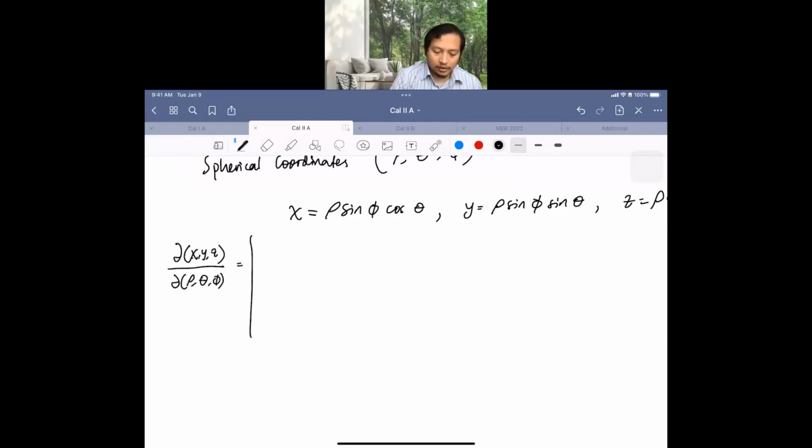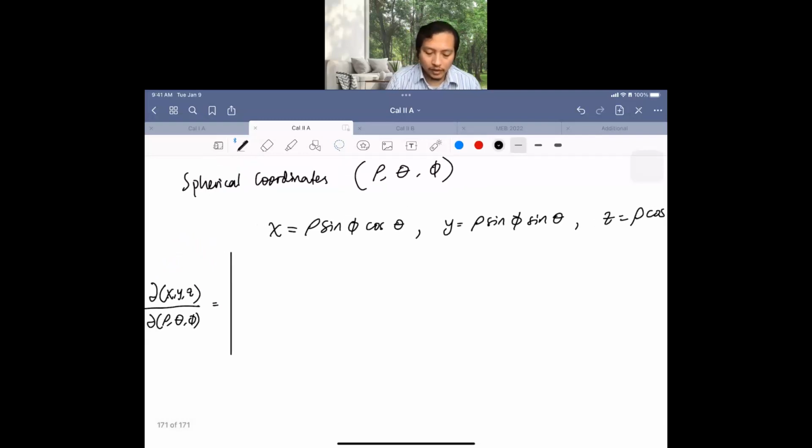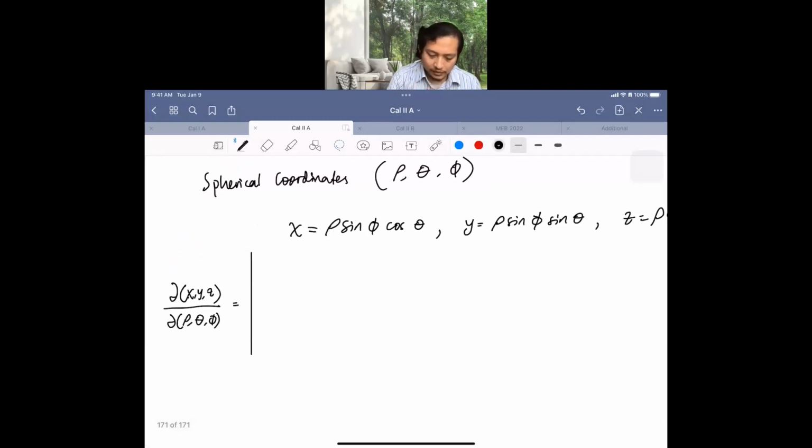So we make our determinant. The first line will be about x. Derive with respect to rho, this will be sine phi cosine theta. Derive with respect to theta, and derive with respect to phi, this will be cos.